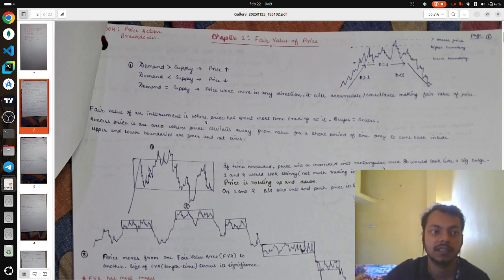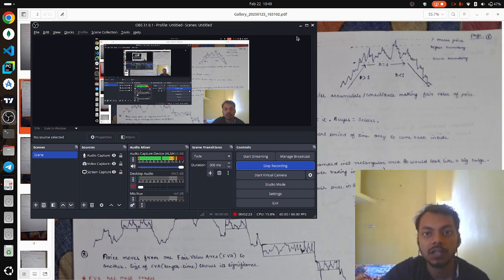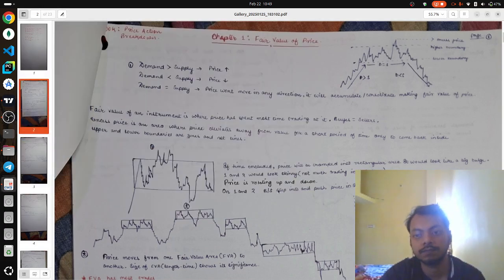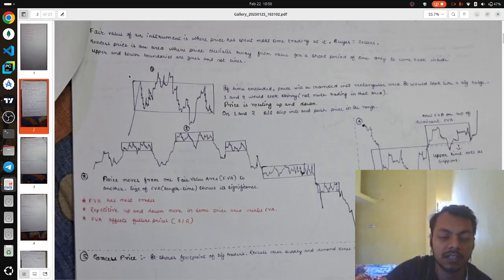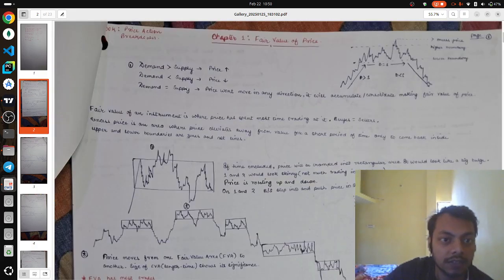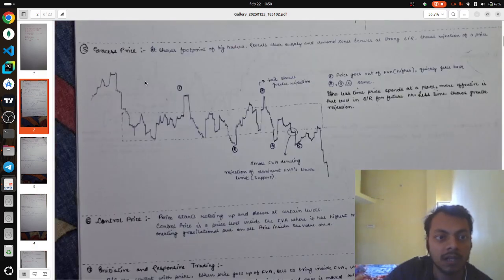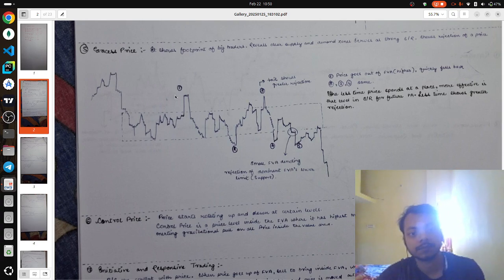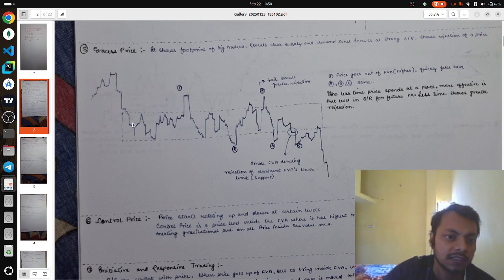It will be consolidating in an area, and this consolidation area will create a fair value, a rectangular box type structure that we gave the name fair value area. After that, we learned about excess price. Sometimes, due to some news or no matter what the reason, price breaks that rectangular box and comes way down or up.